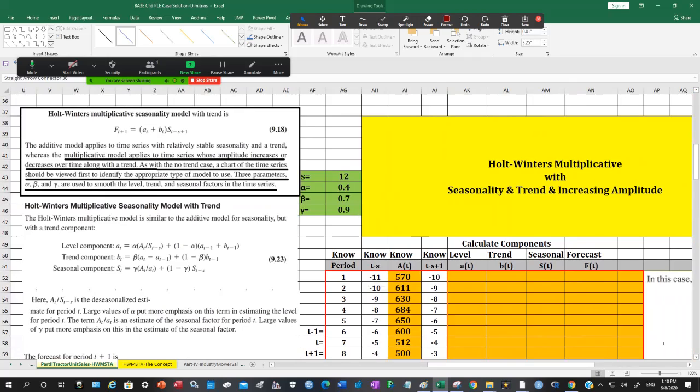Once again, here is where we have S, small s, the number of periods in each season. So S is 12 because we have 12 months in a year.